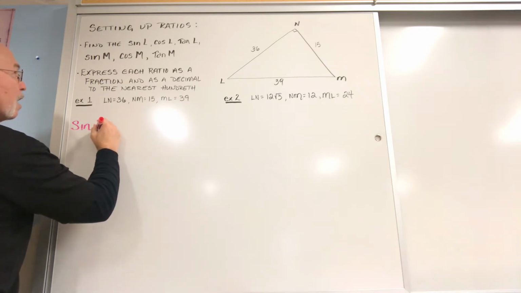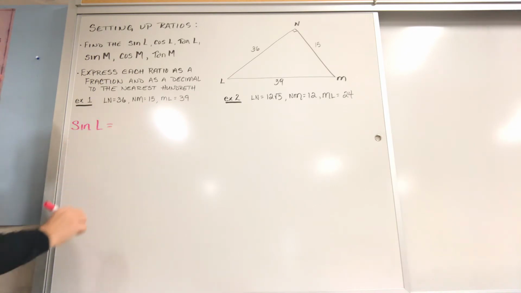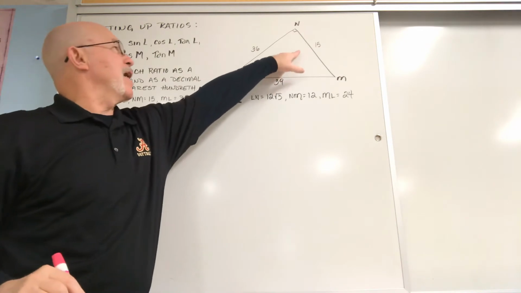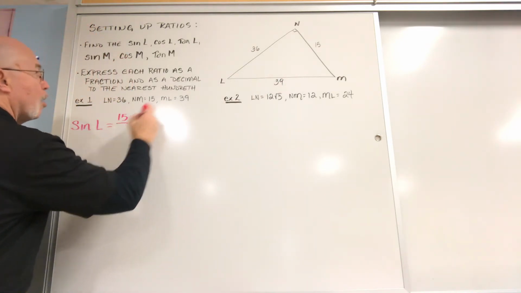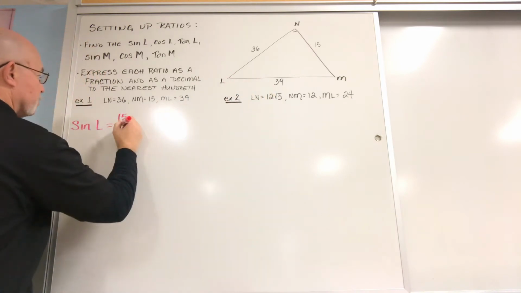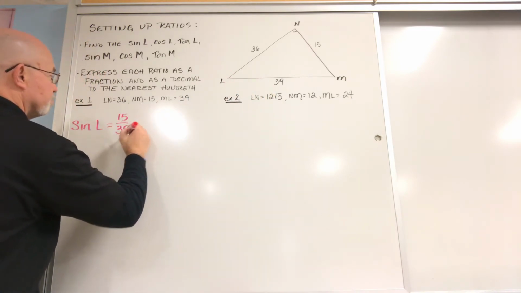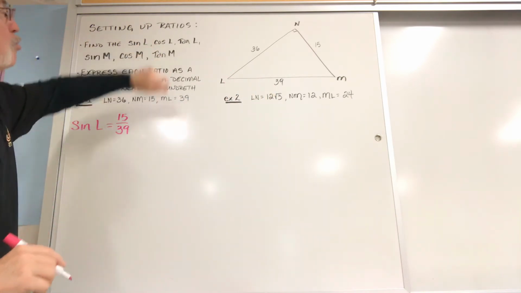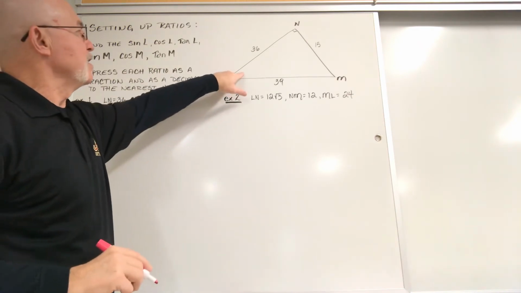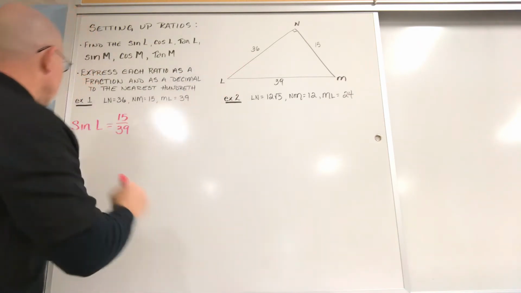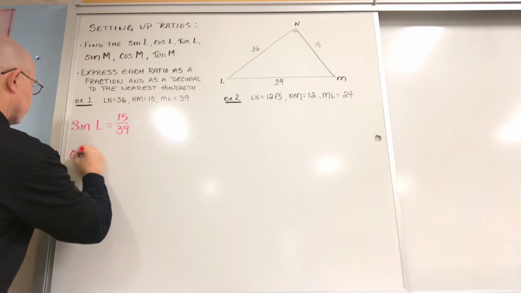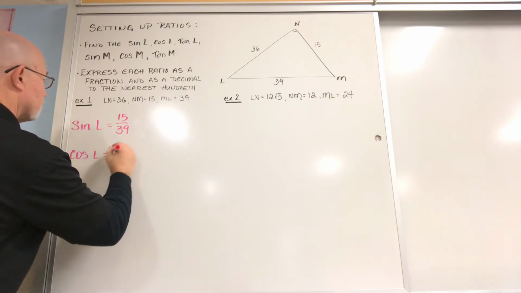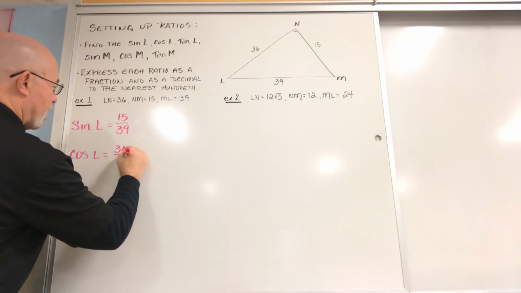Sine of L equals the opposite leg over the hypotenuse. The cosine of L is the adjacent leg over the hypotenuse.